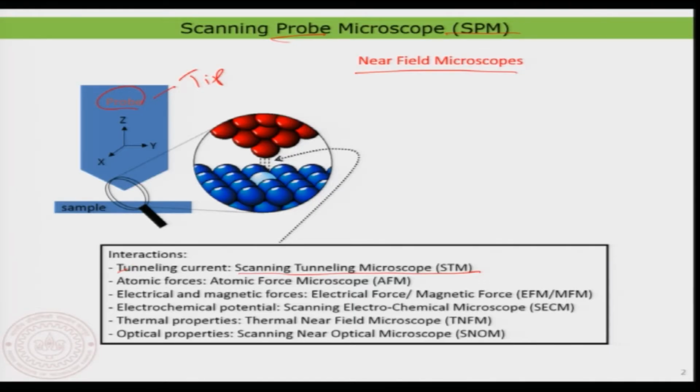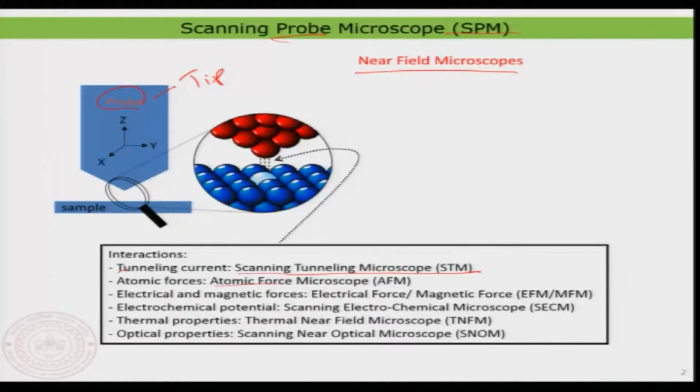To measure current, you need to apply a bias between the tip and the sample, and in very close proximity, if you move the tip, you can measure something called a tunneling current. We will look into that in greater detail, because it is quite important for us to understand the tunneling current. If you measure tunneling current, it is generally known as a scanning tunneling microscope.